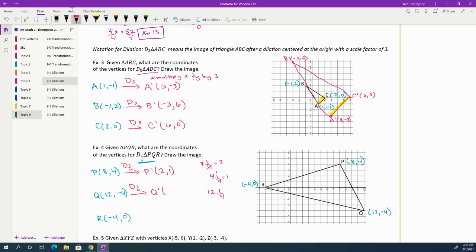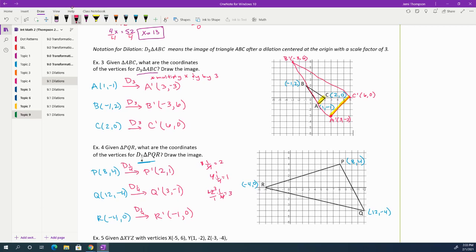Hopefully you can recognize that multiplying by 1/4 is the same as dividing by 4. It gives me 3 comma, and then negative 4 times 1/4 gives me a negative 1. And R prime is going to become 1/4 of negative 4 is negative 1. 1/4 of 0 is 0.